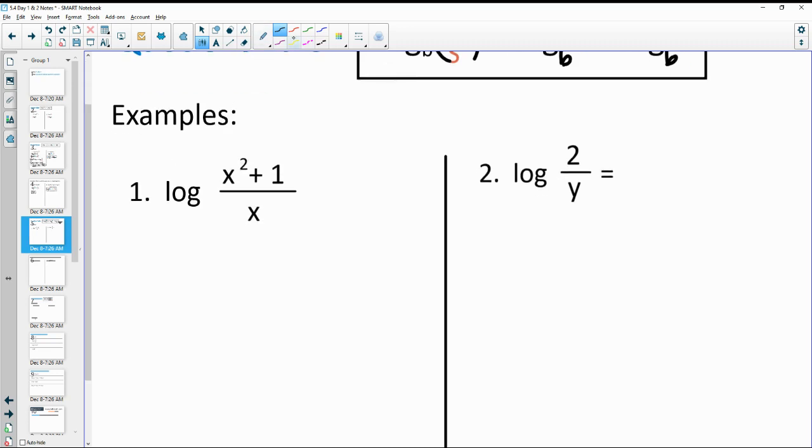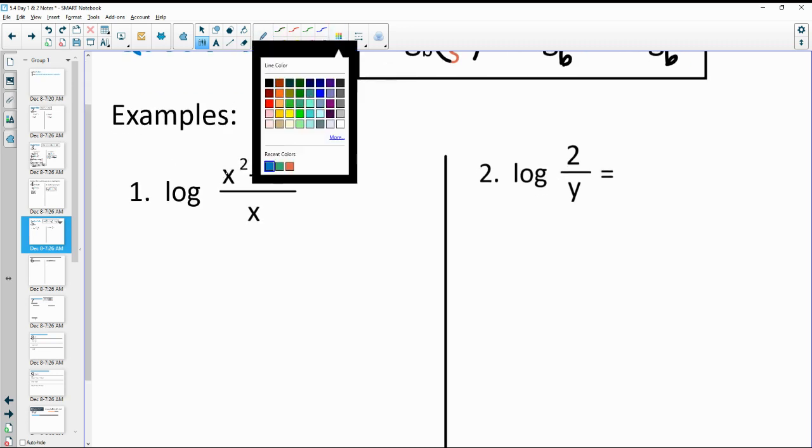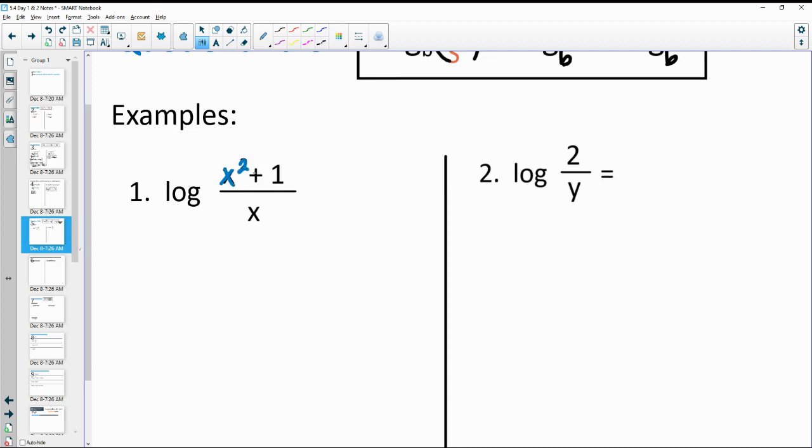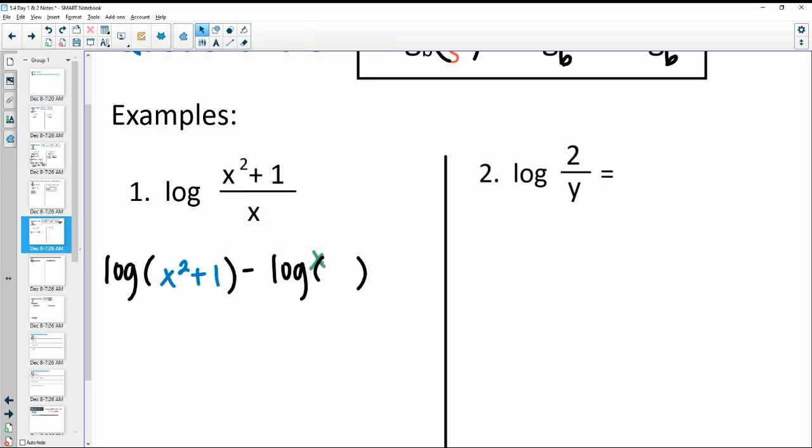So in this first one, we see that on the top, we have x squared plus 1, and then on the bottom, we have x. So we're going to have two logarithms here. So we're going to have log of the top minus log of the bottom. So we're going to have log of x squared plus 1 minus log of x.